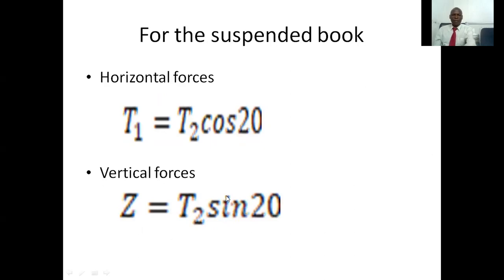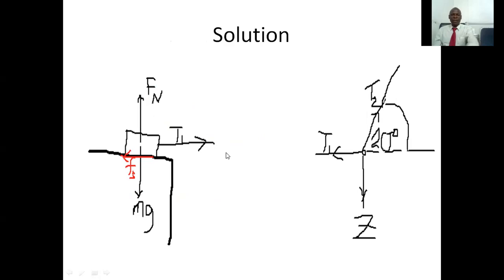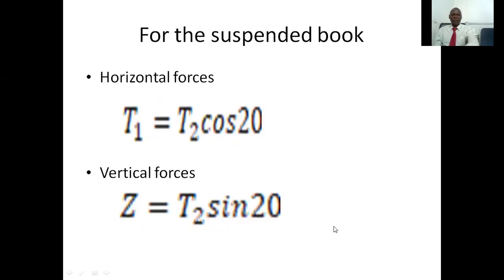For the vertical forces on system number 2 here, we have the downward force, which is the weight of the book, which is Z, and the other one is the vertical force as a result of the component of T2, which is T2 sine 20. And therefore, we get that Z is equal to T2 sine 20.